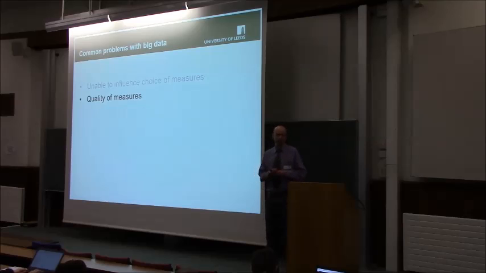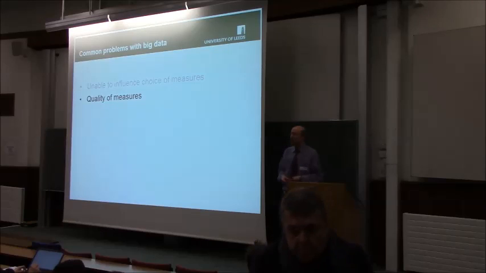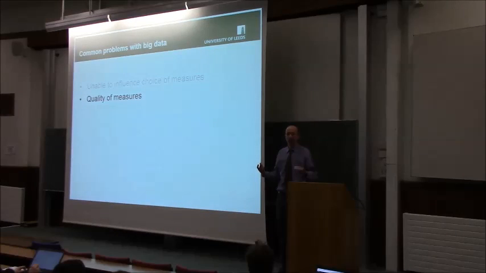I think one of Robin's 10 commandments was, thou shalt not do big data until you've done small data. One of the things that we can learn from the small data is that the quality of our outcome measures and the quality of our exposure measures is really important. If they're poor quality measures, then no amount of data is going to make up for poor quality data.